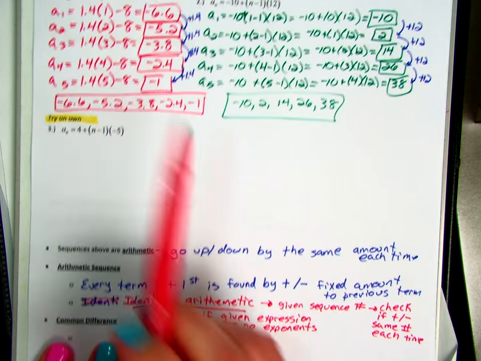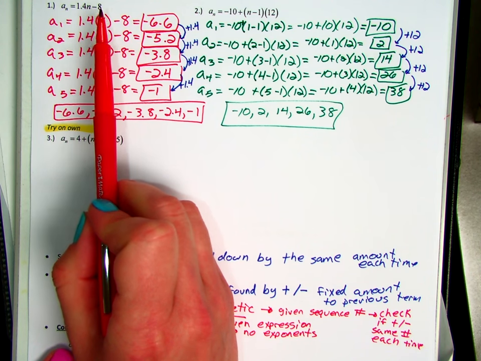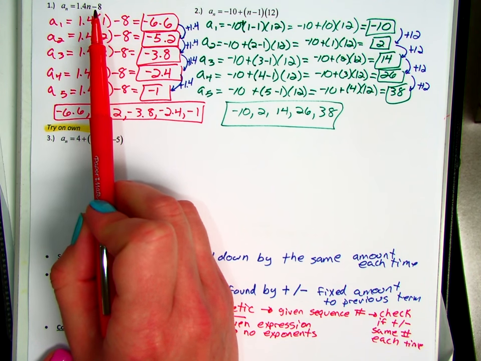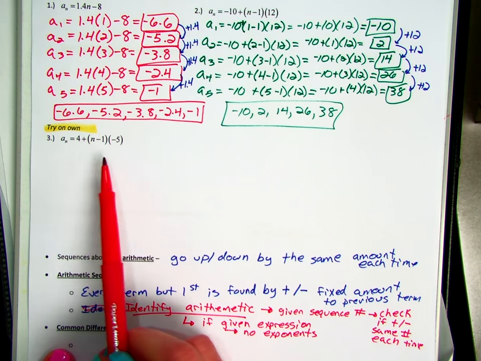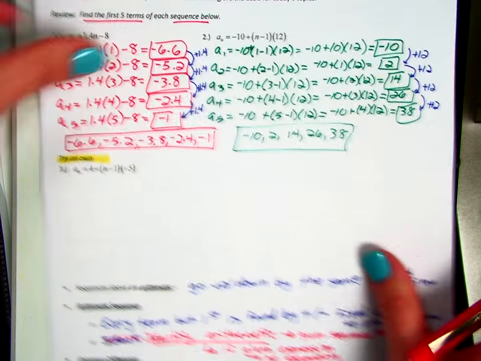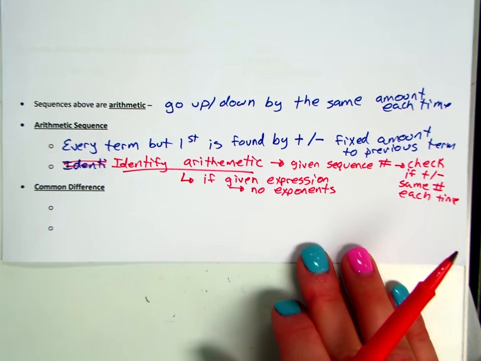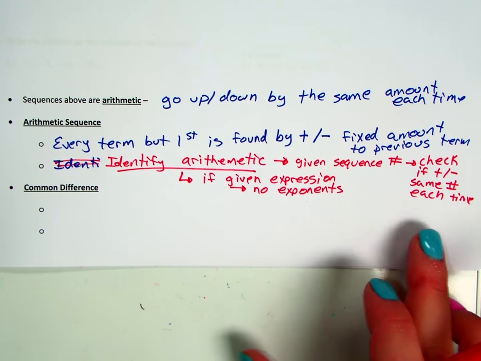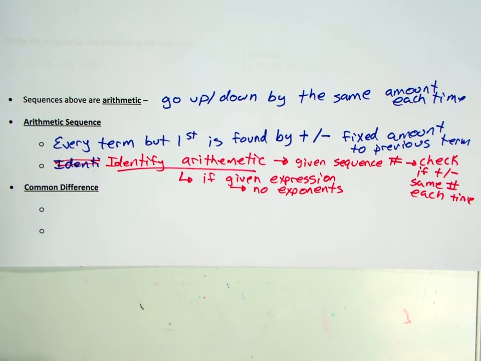So in this case, my original one, 1.4 times n minus 8, it's all multiplication, addition and subtraction, there's no exponents. Same thing here, no exponents, so it's arithmetic. So when we start talking about the different arithmetic formulas, you can use them if you can look at a set of numbers and they go up by the same amount, or if you're given an expression and that expression has no exponents in it.